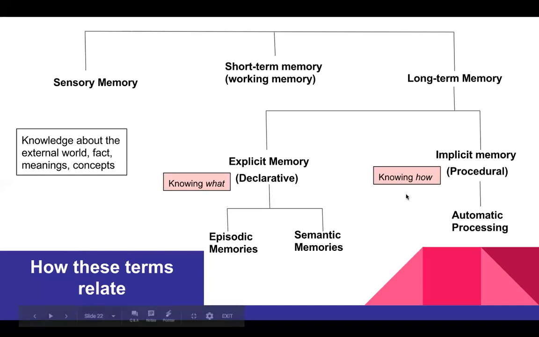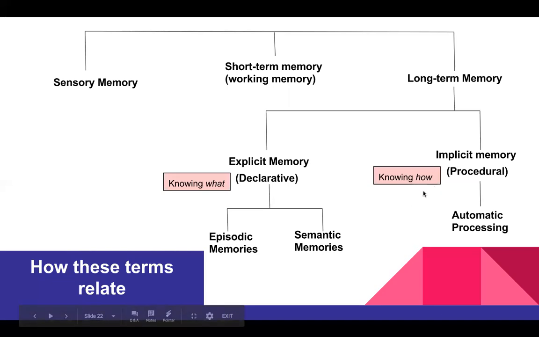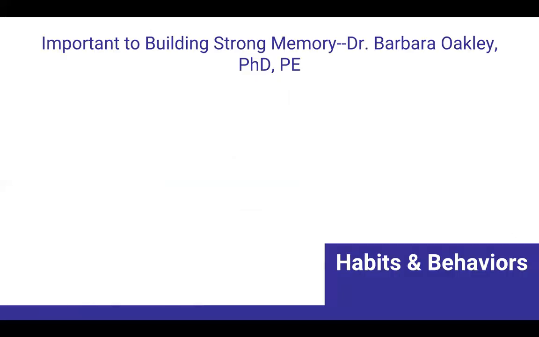On the other hand, implicit memory has procedural memory and automatic processing, which is we don't need to declare anything. In fact, we're not even trying to memorize anything. We just know how. Okay, I hope that made sense for you.